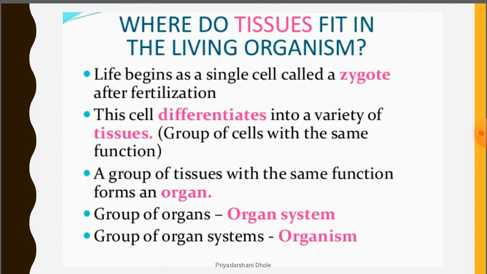This cell differentiates into a variety of tissues. Different types of tissues are formed from the zygote, and a group of cells with the same function is called a tissue, a group of tissues with the same function is called an organ, a group of organs is called an organ system, and a group of organ systems is called a complete organism.